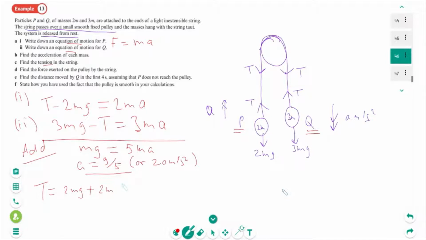But we know what a is now, g over 5. So if you add those together, you get 12/5 mg. 12 over 5 mg. Okay, so that's the tension.